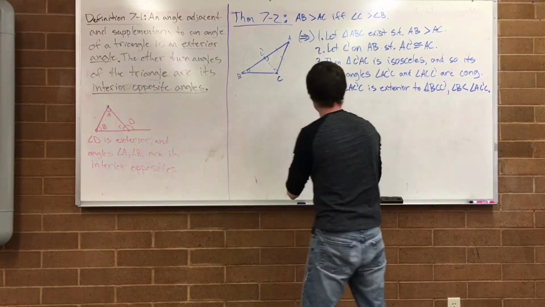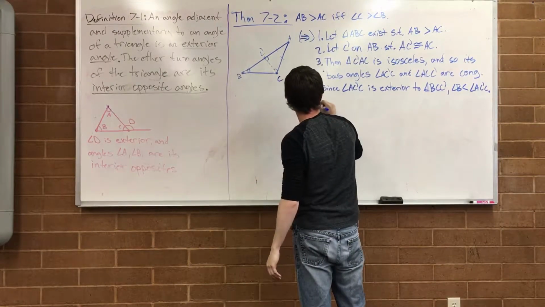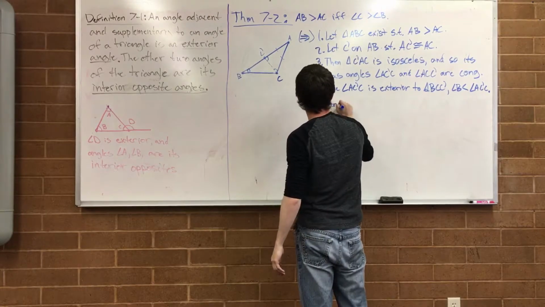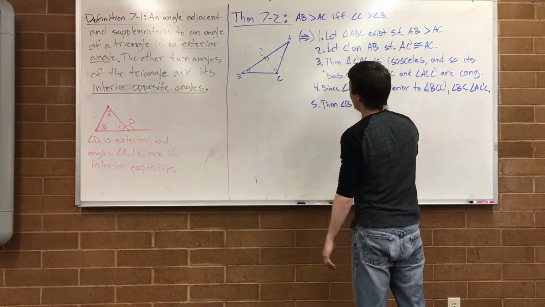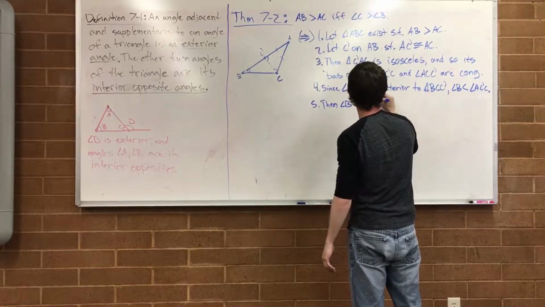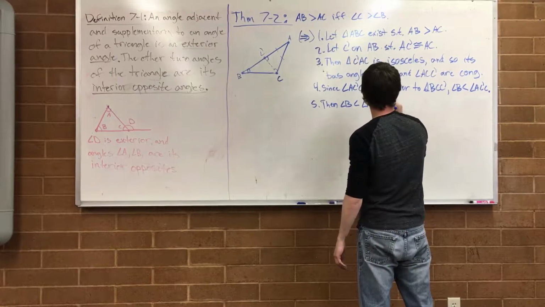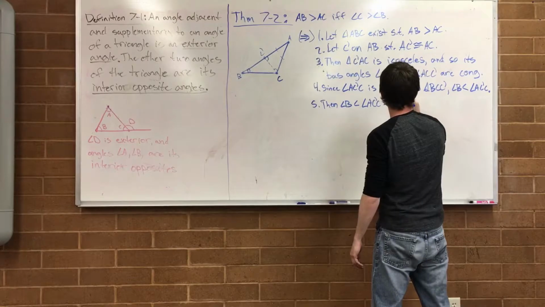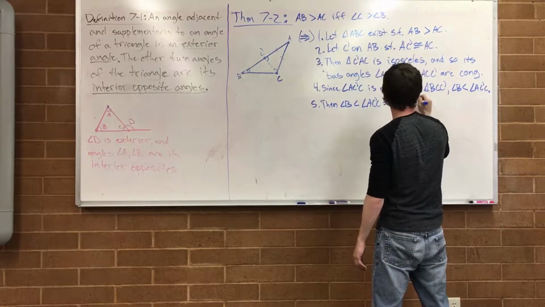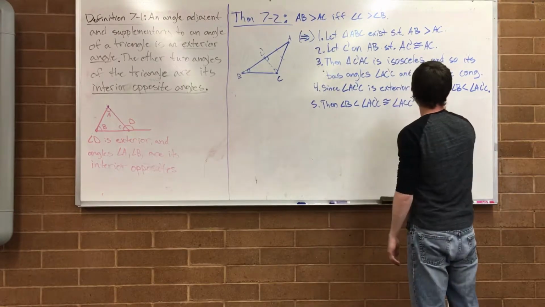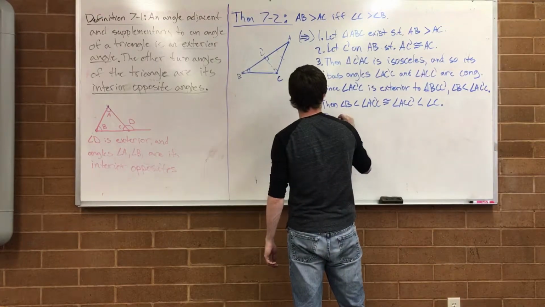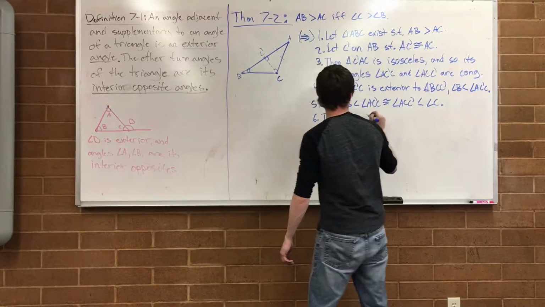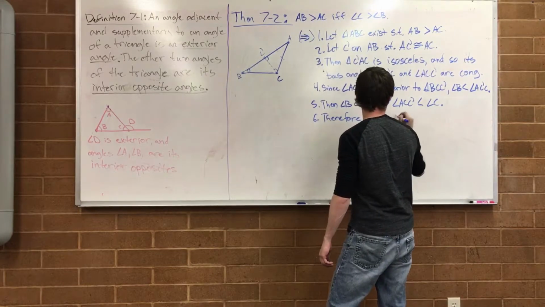And we're done. Then angle B is less than angle AC prime C, is congruent to angle ACC prime, is less than angle C. 6. Therefore, angle B is less than angle C.